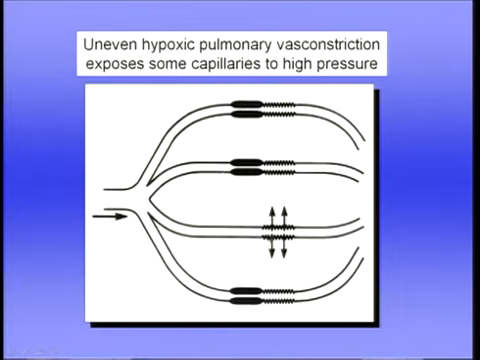And what we've shown here in this little diagram is some capillaries which are downstream of the constricted arterioles, but some capillaries do not have arteriole constriction in front of them, upstream. And so these capillaries are exposed to the high pulmonary artery pressure. These capillaries are not. The pressure here is reduced because of the constriction. But these capillaries are exposed to the high pressure, and it's been shown experimentally when you expose pulmonary capillaries to high pressure, you get ultrastructural changes in the walls.